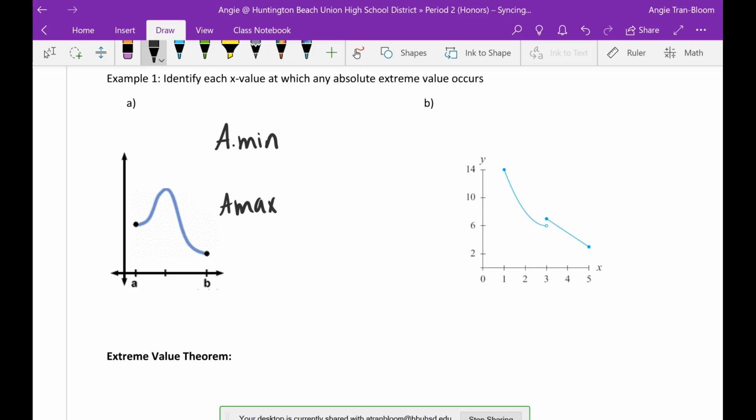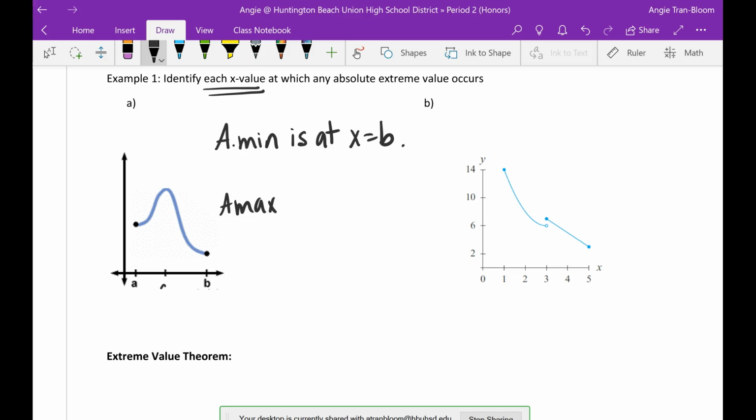Do we have an absolute min? This one goes to Natalis. Where is it at? Because it says identify the x value. So absolute min is at what? B. You're right. X equals B. Would that be okay?